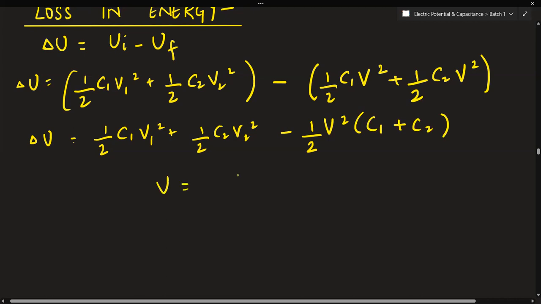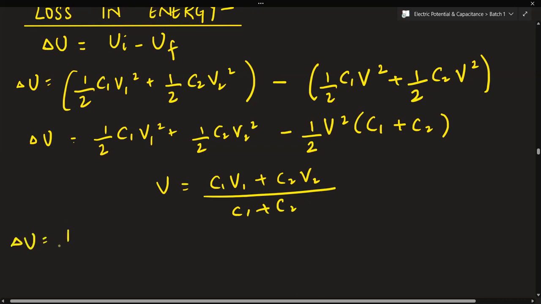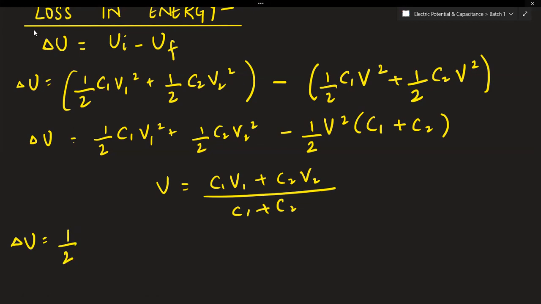Remember, C1 V1 plus C2 V2 divided by C1 plus C2. This is the value of common potential. So we can put this value that we have just calculated in this. So what will be the formula? See, the loss in energy will come out to be, just take half here.